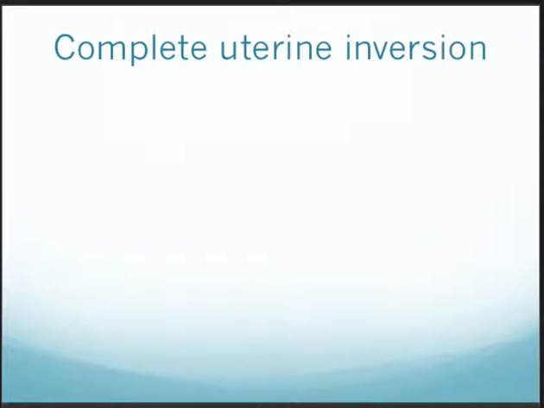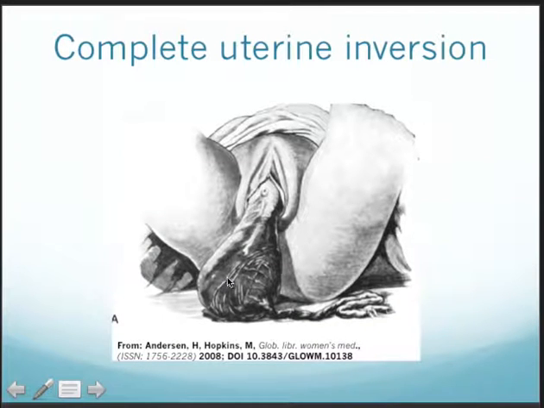Another very rare condition, and that's depicted here, is a complete inversion of the uterus. Here we see the uterus is moved from inside to completely outside, and we see that the placenta and the umbilical cord are still attached. This is a rare condition, and we should think about it when the woman has clinical signs of shock, so hypotension, whilst there is not a large amount of blood loss.